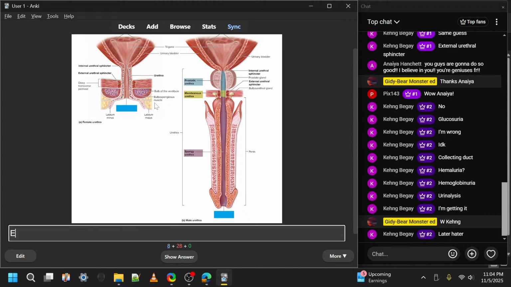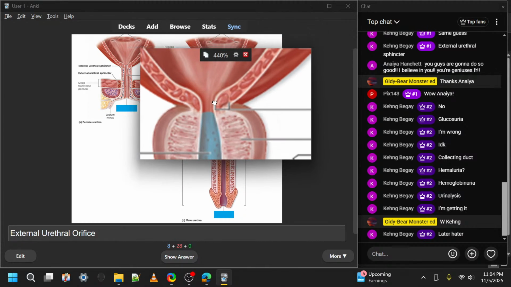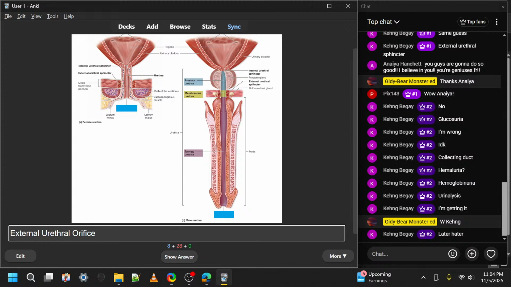The external urethral orifice. External urethral orifice. And we have to remember that there is an internal urethral orifice right here. It's right there. Nice.